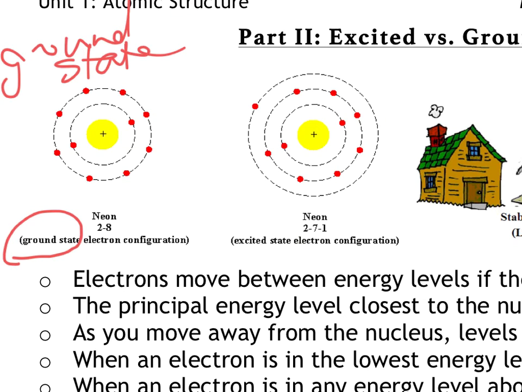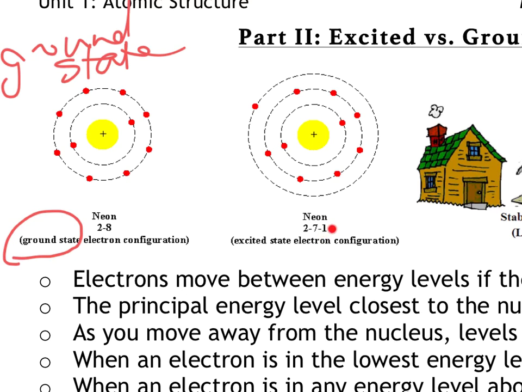And one of the ways you can tell is that you have seven electrons here and you have 1 electron there. And this 1 electron actually could fit into the second orbital if it wanted to, because this orbital can hold 8 electrons. And it doesn't mean that it has to, but if they're already filling another orbital before this one's full, then that's definitely excited state.